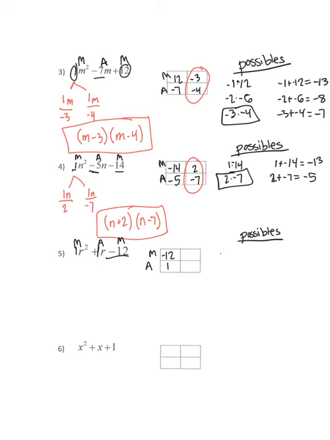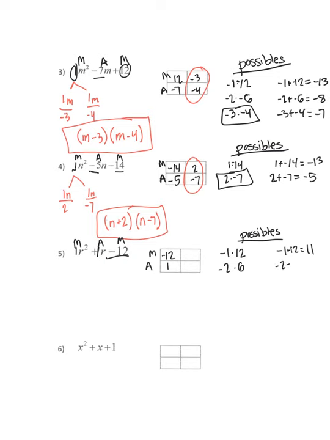So if I multiply 1 times 12, my bigger number has to stay positive, so that means my 1 is going to be negative. Negative 1 plus 12 gives me 11. So let's try the next one. My bigger number needs to stay positive, so I have negative 2 times 6.